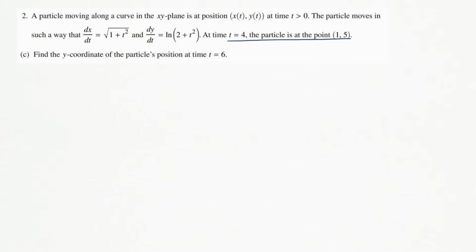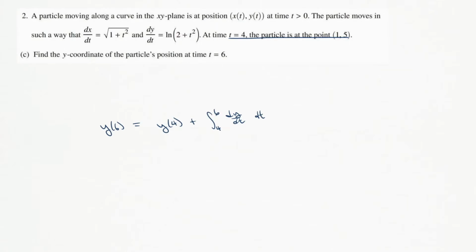Since we're looking for the position of the particle at time t equals 6, all we need to find is the displacement of the particle, or how much the particle moved from time t equals 4 to t equals 6. When we write this out mathematically, we can say that y of 6 is given by y of 4 plus the integral of dy dt from 4 to 6.